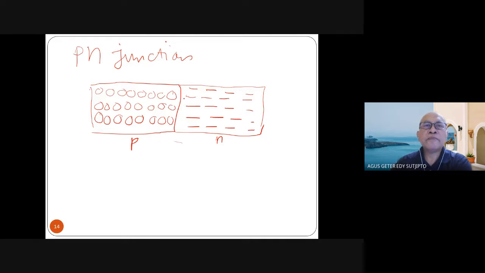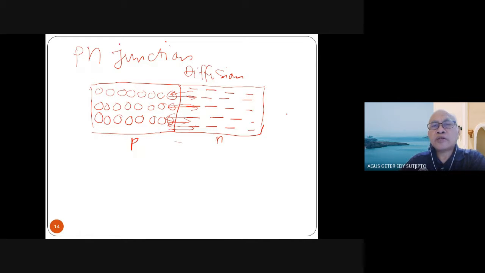As we have discussed last week, the electron will diffuse to the P and recombine with the hole. On the other hand, the hole also moves to the N region. This kind of moving of electron we call diffusion. Diffusion of electron and diffusion of holes.